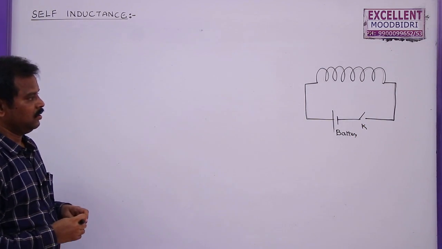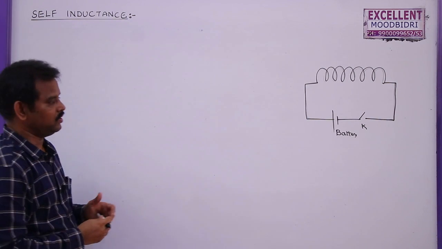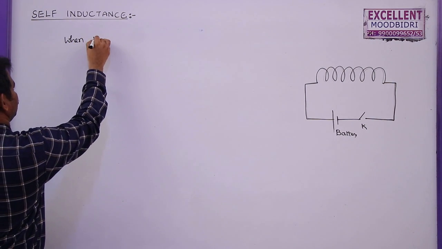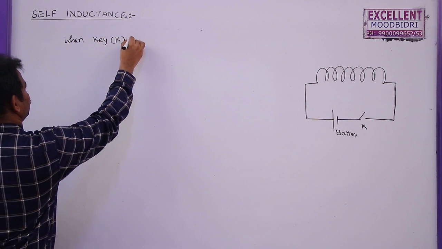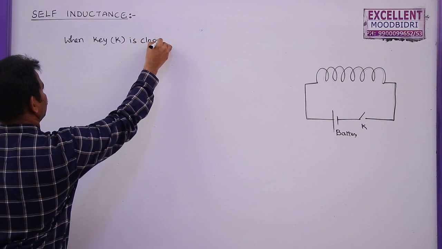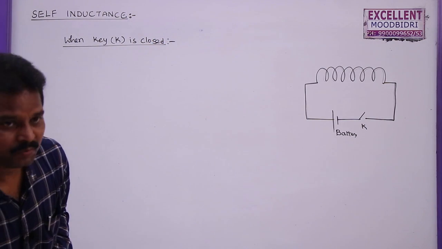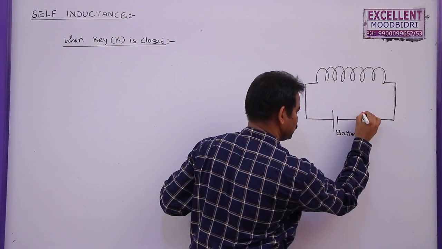In this, what happens in this coil when the key is closed? Now let me close the key here. So I am closing this key here.